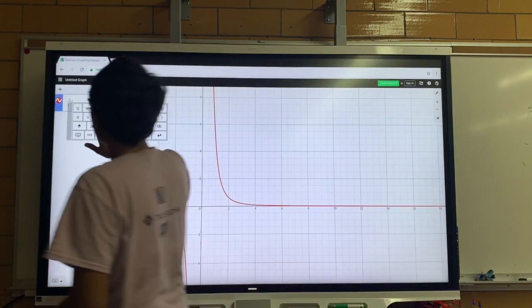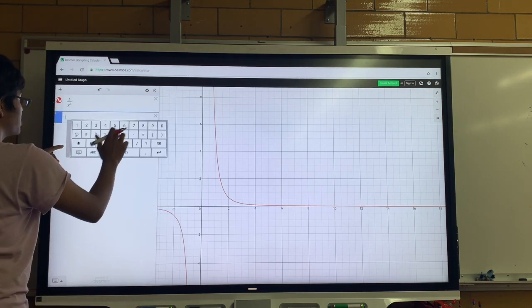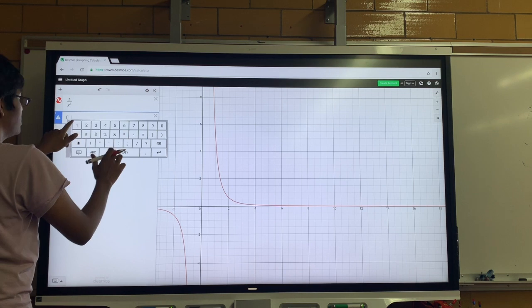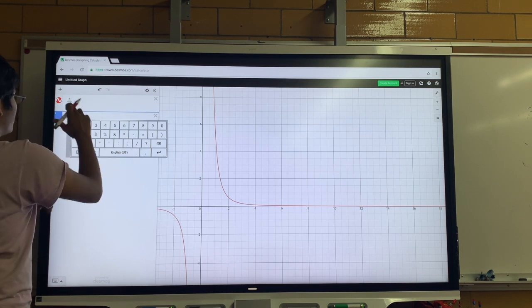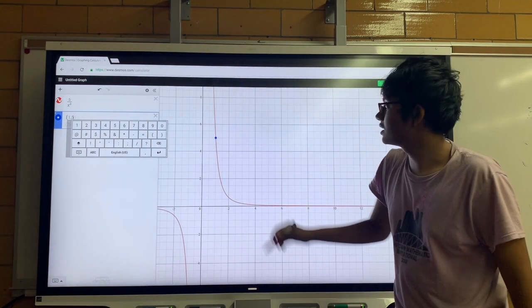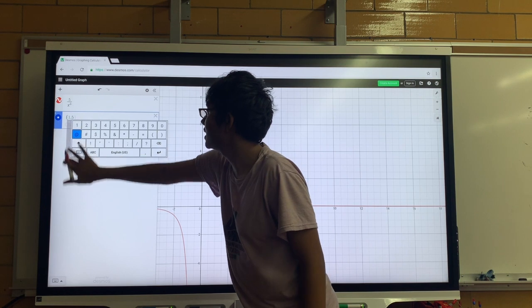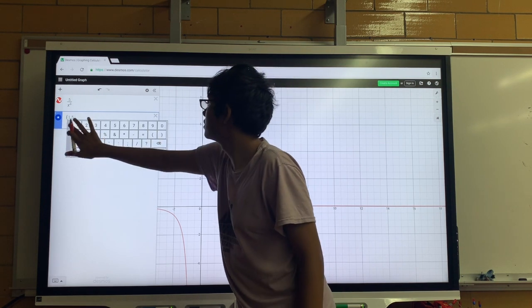And I know that at x equals 1, the function has the point 1 comma 5, right? So I wanted to find the equation of the tangent line at this point.